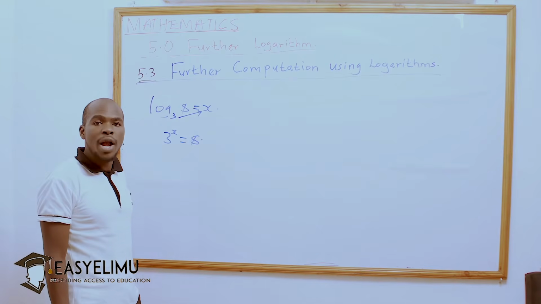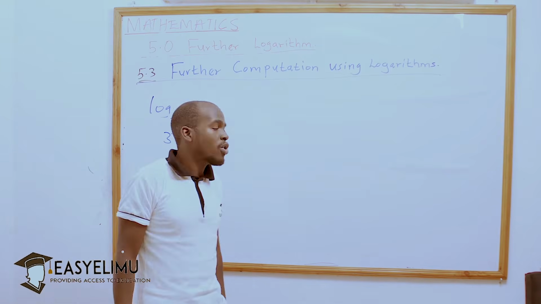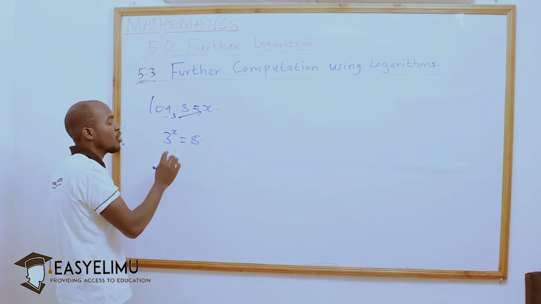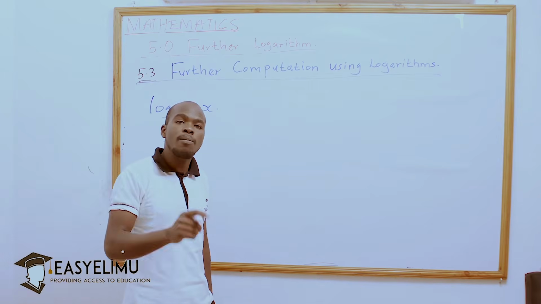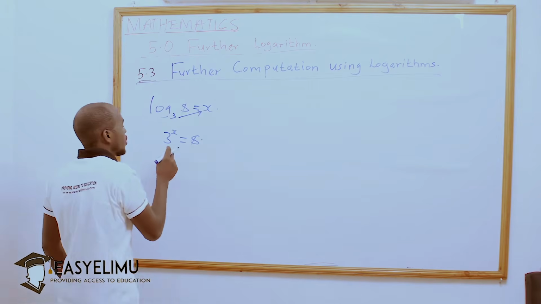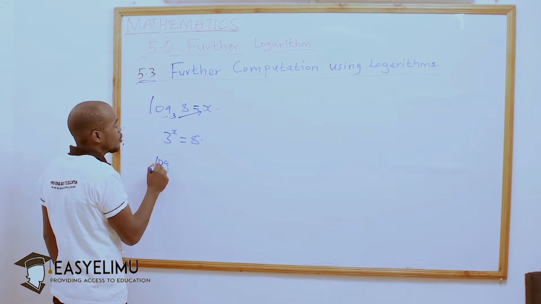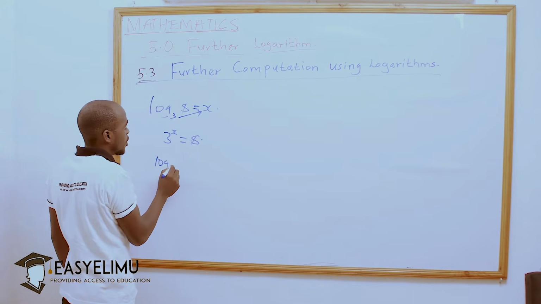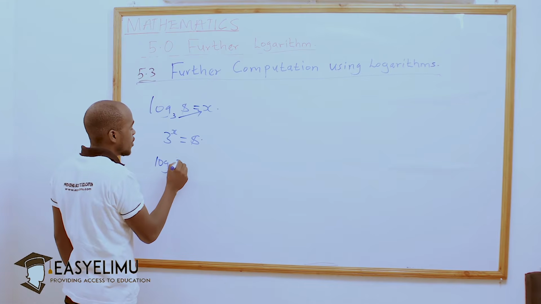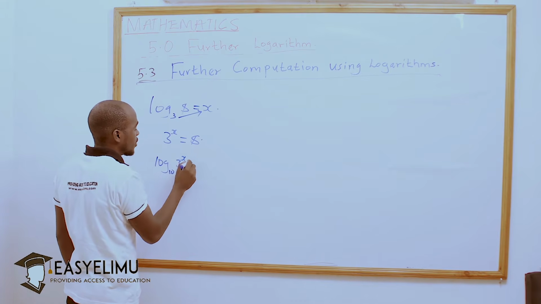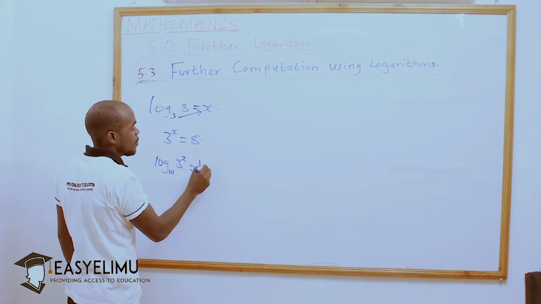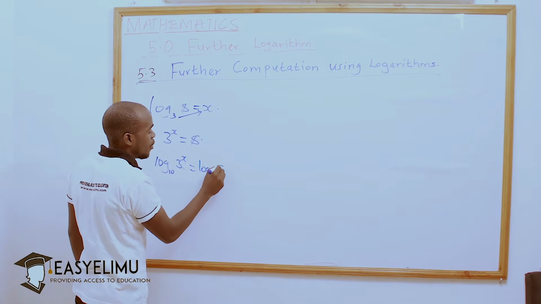Now from there you can find the value of x by introducing logarithm to both sides with base 10, such that you have log to base 10 of 3 raised to x, and log to base 10 of 8.